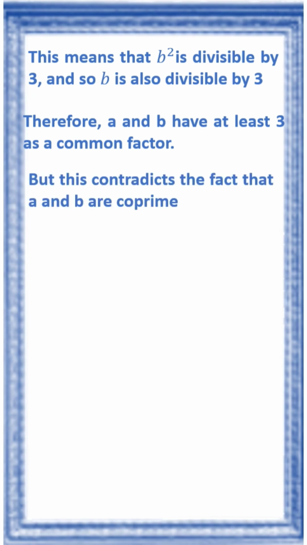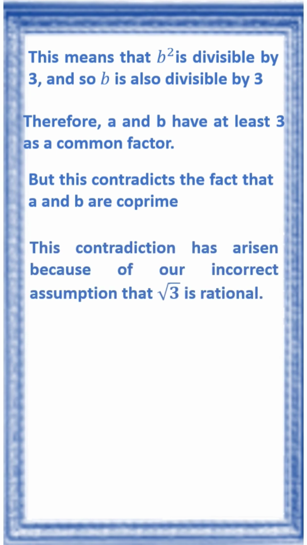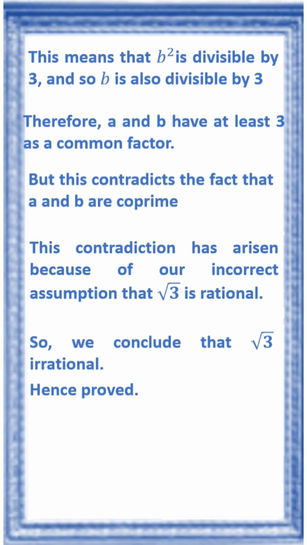But this contradicts the fact that a and b are co-prime. This contradiction has arisen because of our incorrect assumption that root 3 is rational. So we conclude that root 3 is irrational. Hence proved.